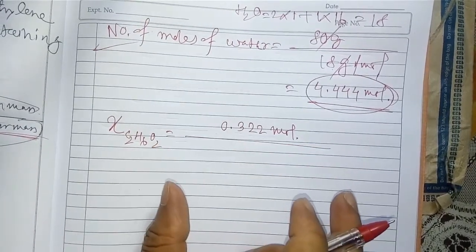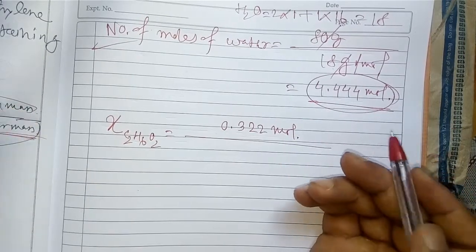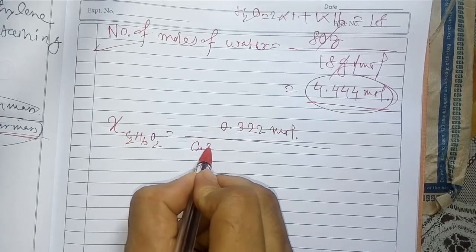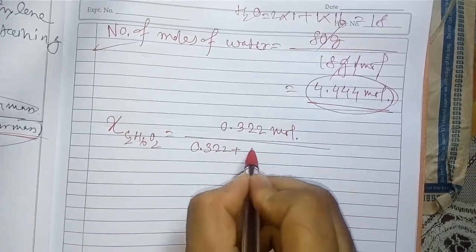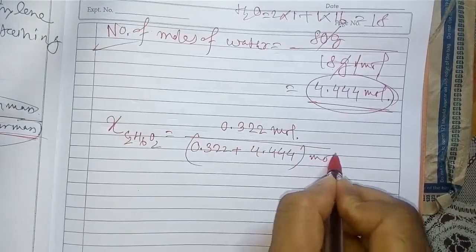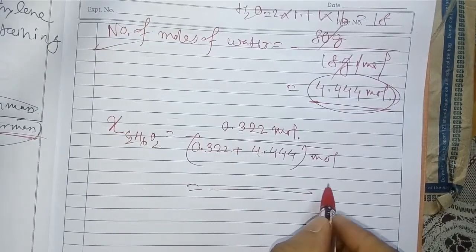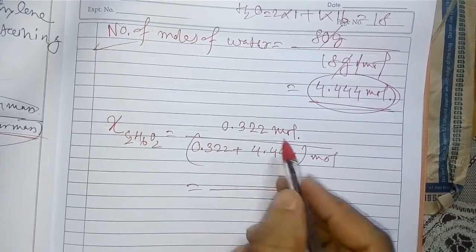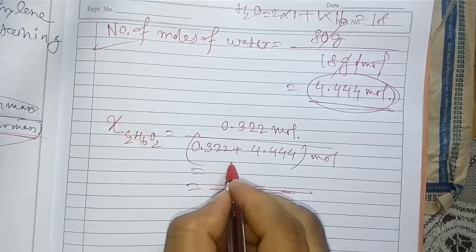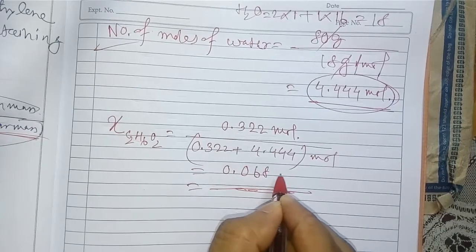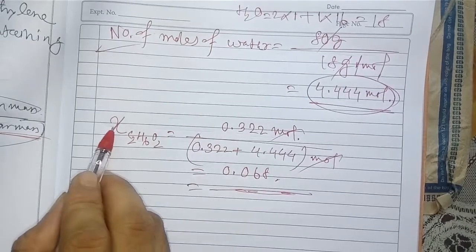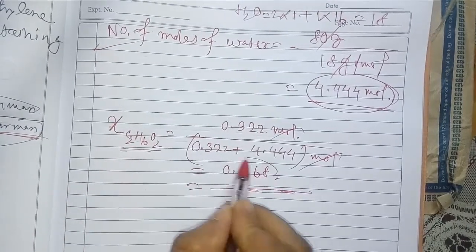Here there are only two components, ethylene glycol and water. So you write the number of moles of ethylene glycol plus 4.444 mole. You have to calculate this by yourself, and the answer is 0.068. The mole cancels. So the mole fraction of ethylene glycol is 0.068.